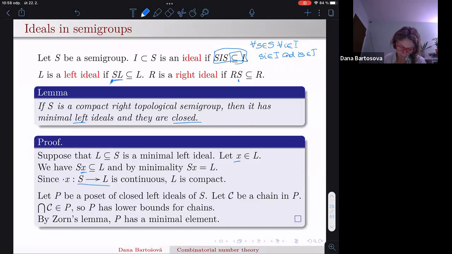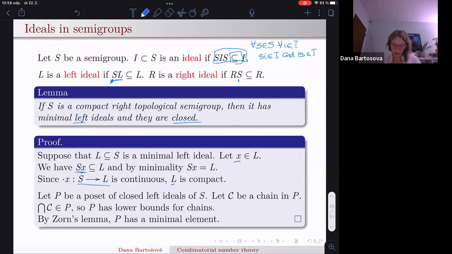Because I have a left ideal, so the image is inside L. And as it's continuous, L, being the image of a compact space, has to be compact itself and therefore closed. So now when I'm looking for a minimal ideal, I know that I can look only among closed ones. That's where I can use Zorn's lemma, being in a compact space.